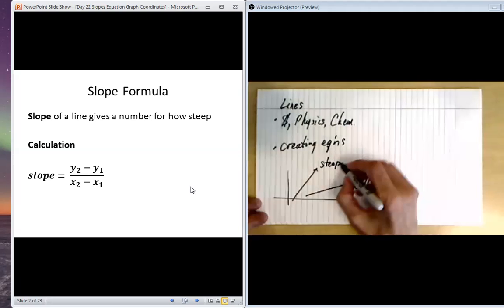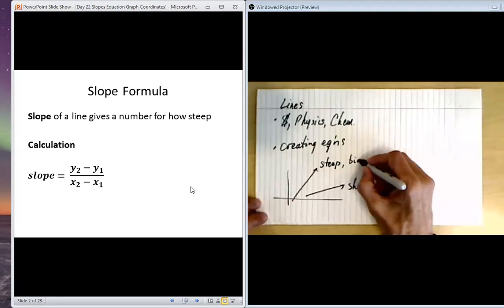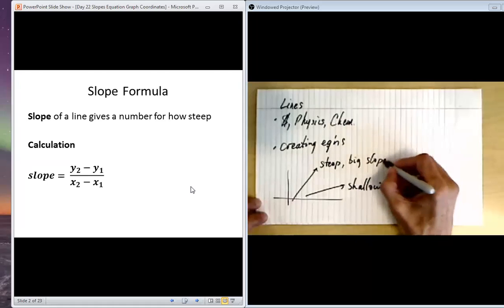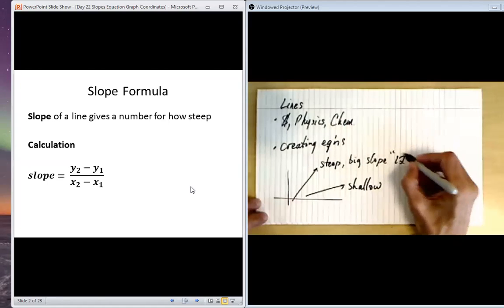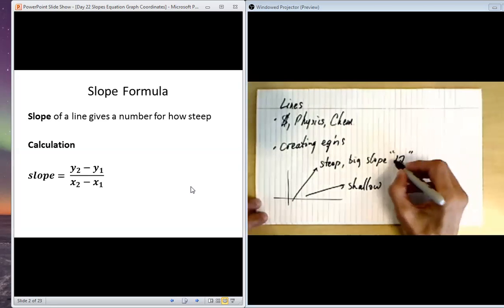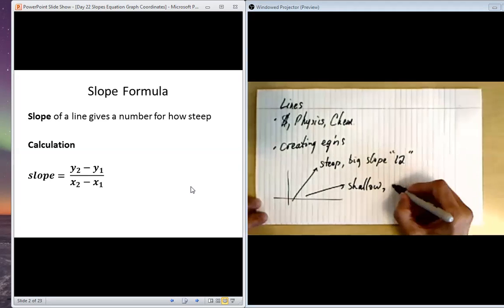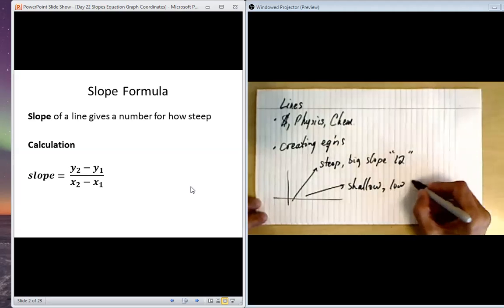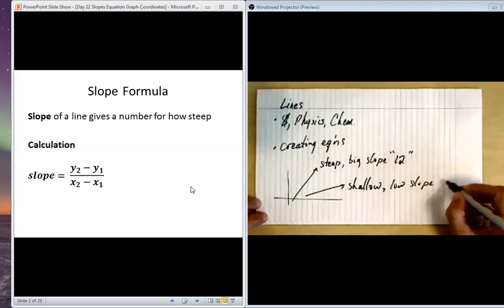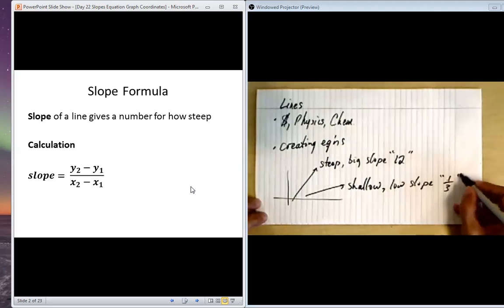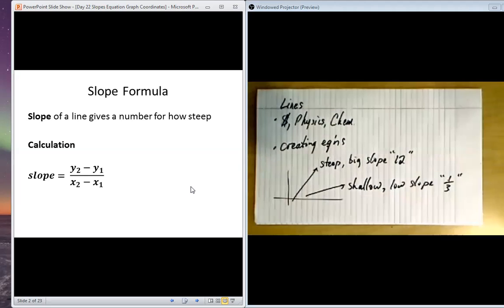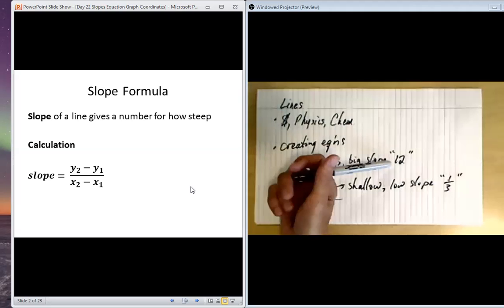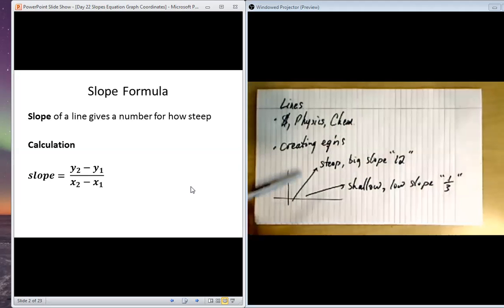This line here will have a big slope, let's say like 12. And then this shallow one will have a low slope. It might be something like 1/3, 2/3, some sort of fraction. It's going to depend on the situation, but roughly that's what's happening there. A bigger number shows you it gets taller faster.